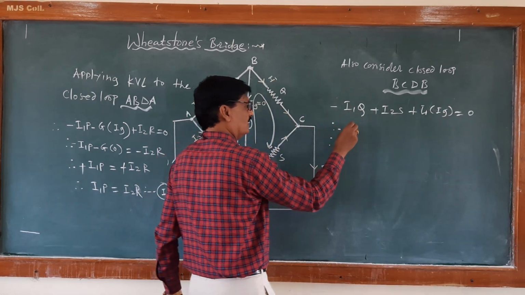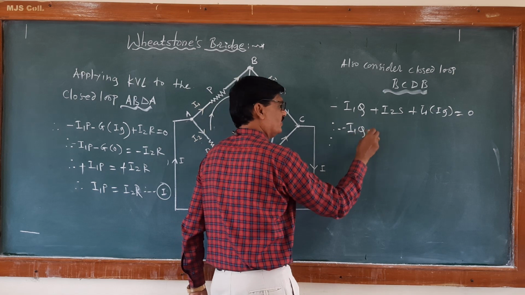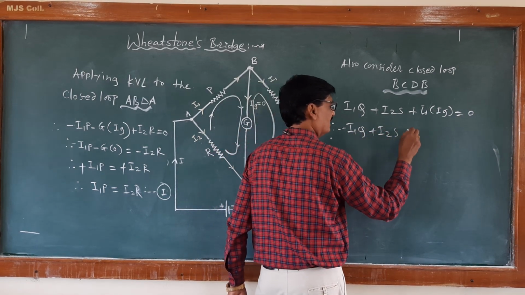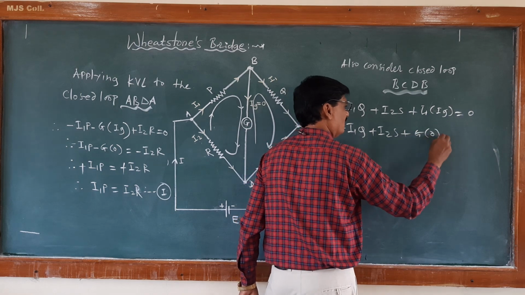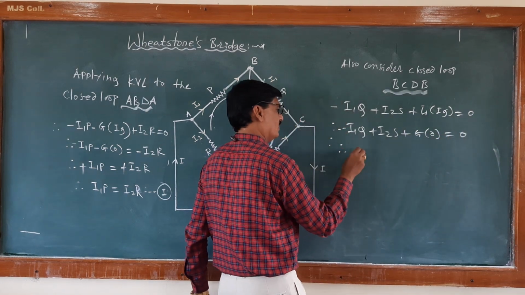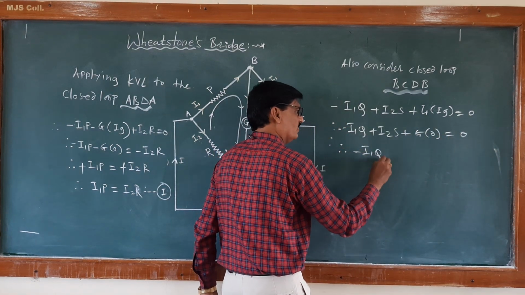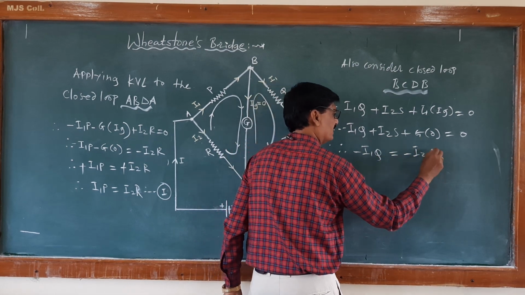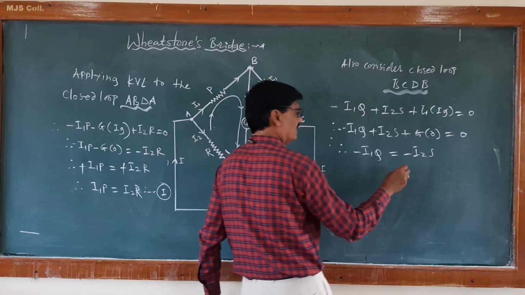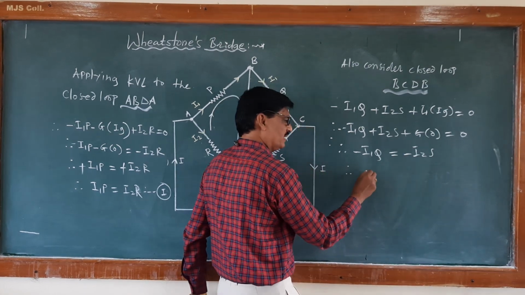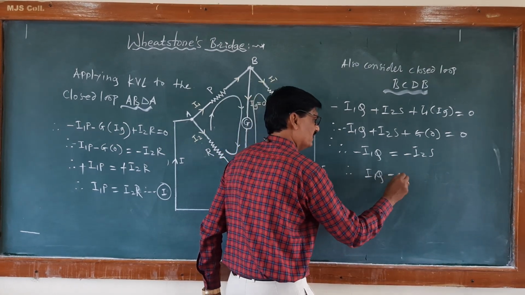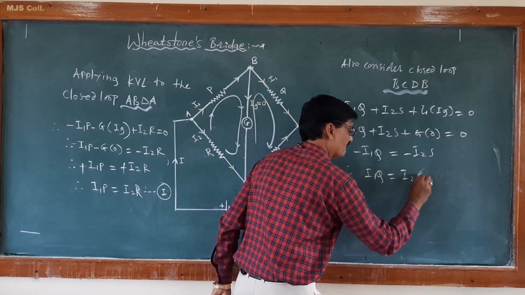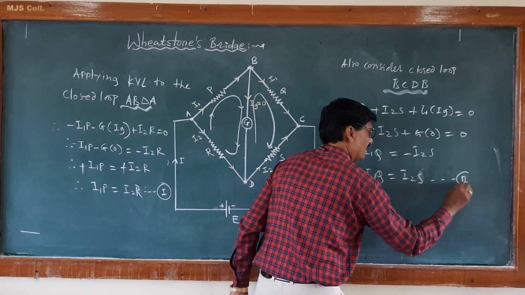Since Ig is 0, minus I1 times Q is equal to minus I2 times S, and therefore I1 times Q is equal to I2 times S. This is my equation number 2.